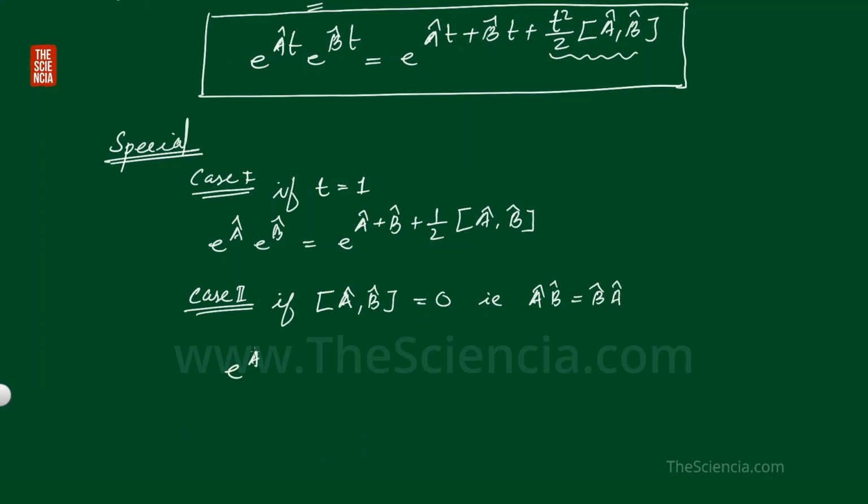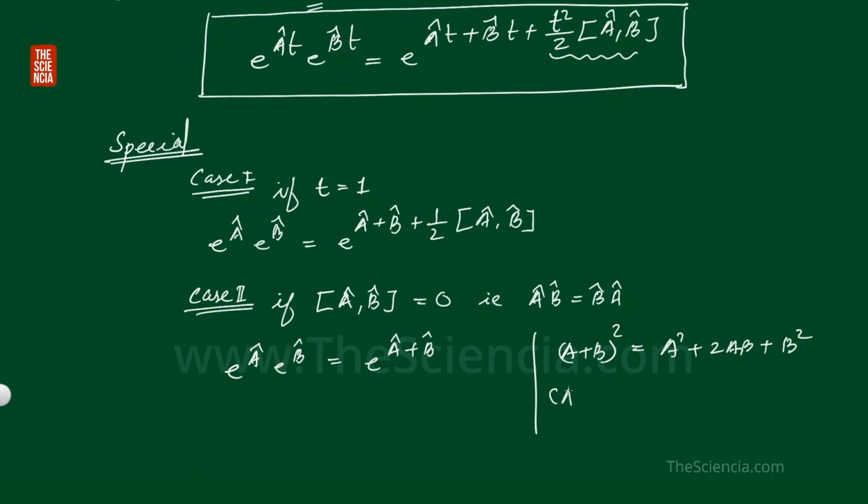We will get e raised to A, e raised to B is equal to e raised to A plus B. So now it is similar to algebra, right? Operator algebra becomes algebra only if this is satisfying AB equal to BA. I already told you one example, that is A plus B whole square, right? That is, in algebra it is A square plus 2AB plus B square.